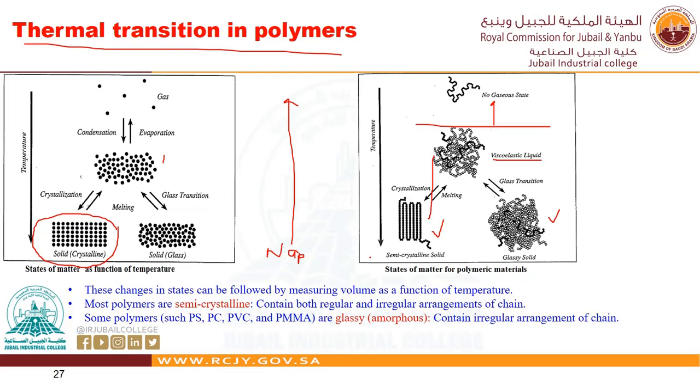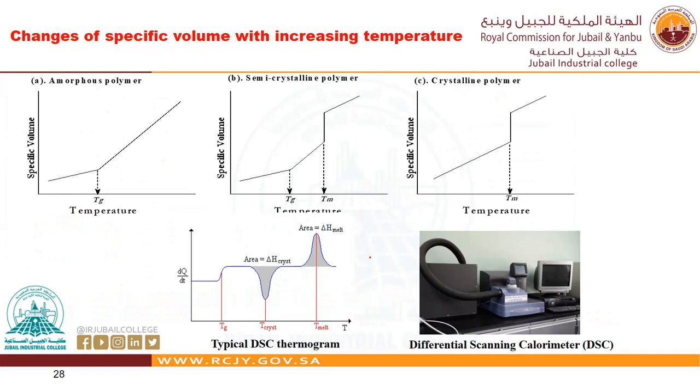So here, in the case of a polymer, we'll be talking about the transition temperatures. There are two transitions. We have what we call the glass transition temperature, the temperature at which the polymer becomes soft, or the crystalline melting temperature, the temperature at which the polymer flows and becomes a liquid. This can be determined using the change in specific volume, which is the inverse of density, as you increase the temperature.